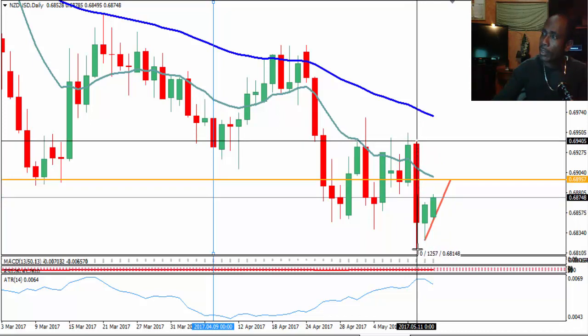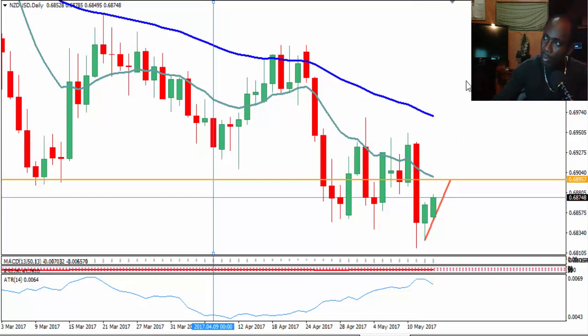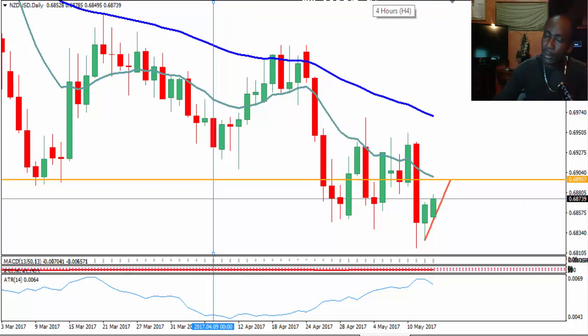From the high to the low, it's telling me that this bar has moved 125 pips. So if this bar moved 125 pips all by itself, that's telling me that it did an average of twice the average day's move.